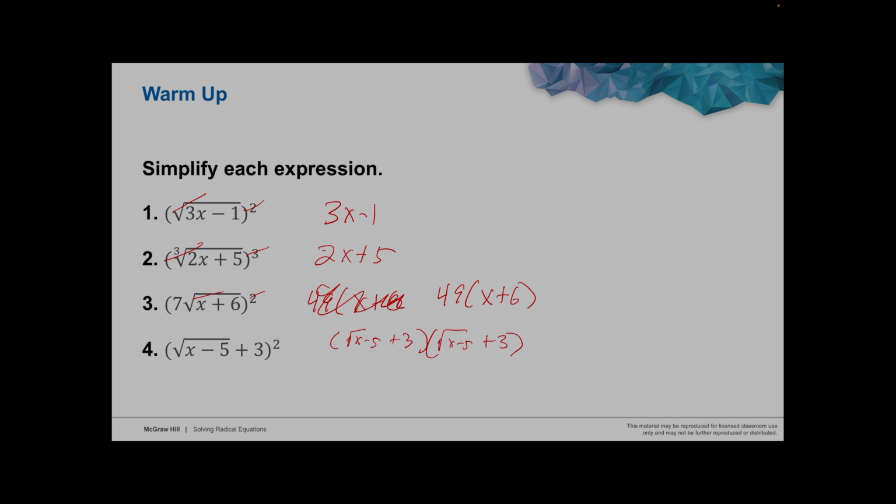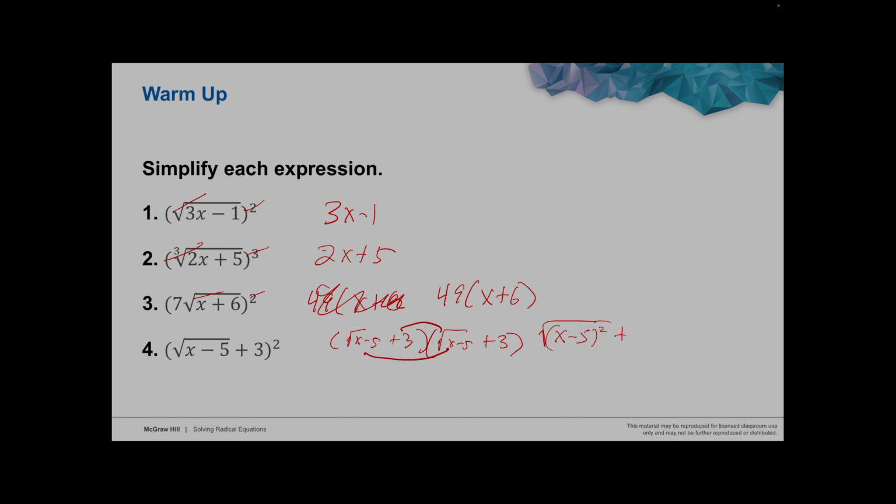So now when you FOIL this, first that becomes the square root of x minus 5 squared, because we did it twice. Inside is 3 and 3, so if we do this twice, that's plus 3 times the square root of x minus 5 and 3, so that's plus 6 times the square root of x minus 5.